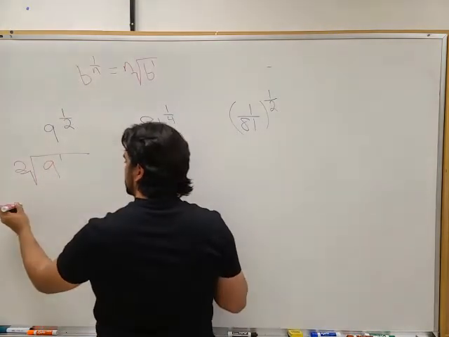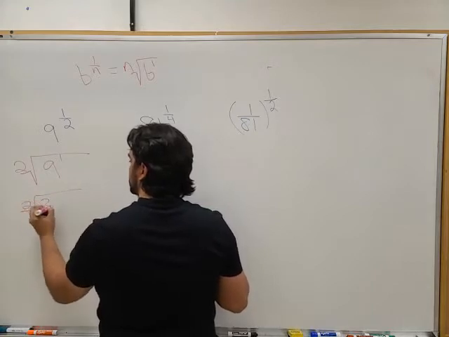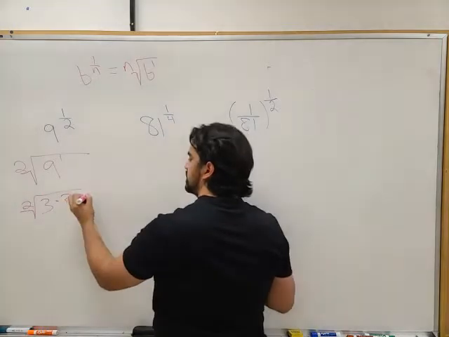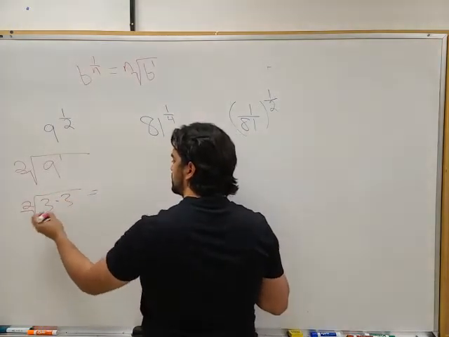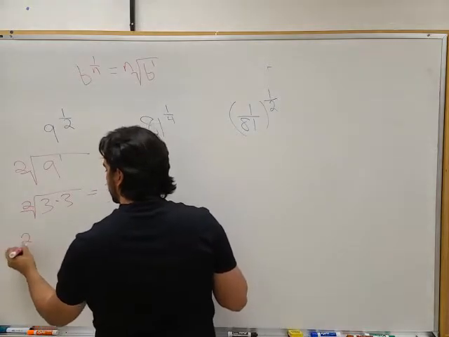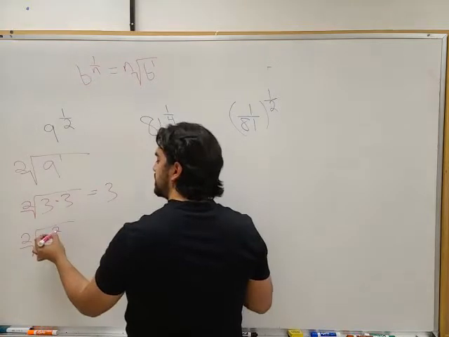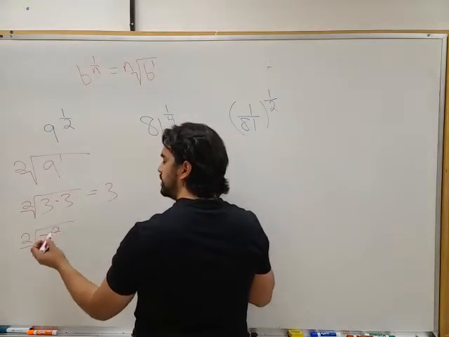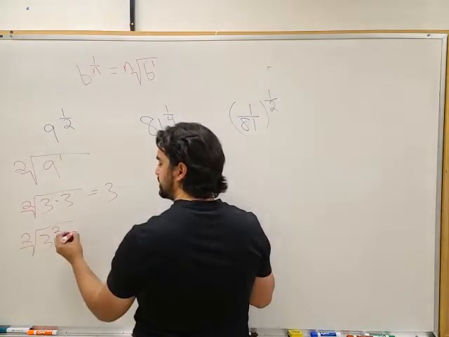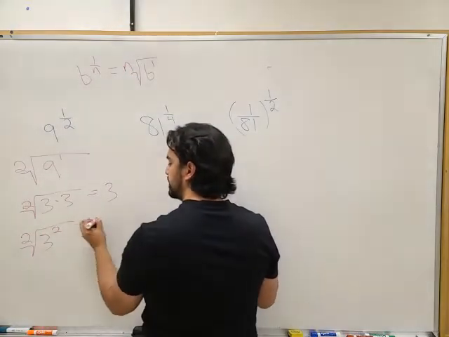So we could say the square root of 3 times 3, and this is equal to 3, or we could rewrite it as the square root of 3 squared. And remember, we could divide our power by our index number, and that would give us 2 divided by 2 gives us 1, so we would have 3.